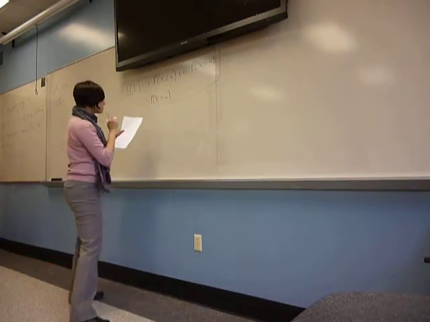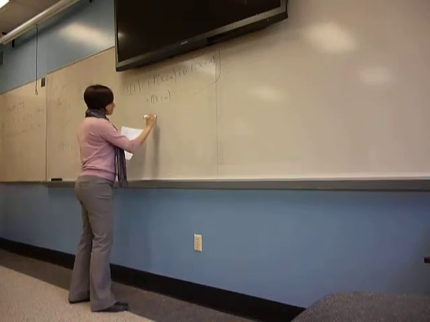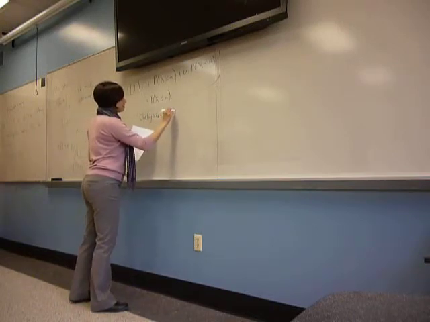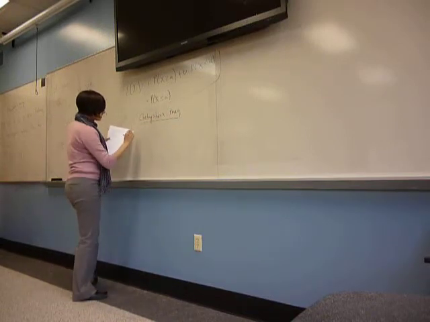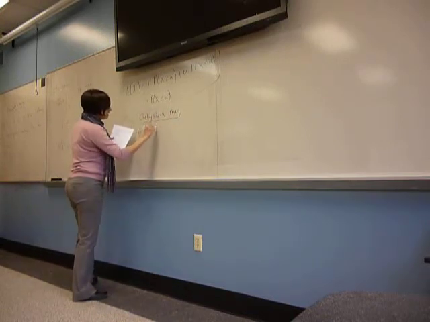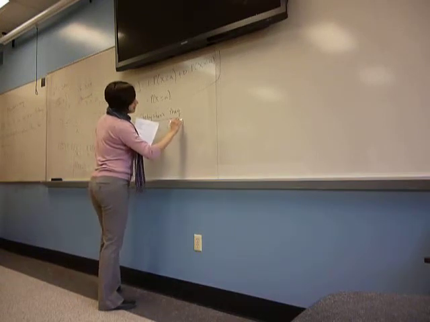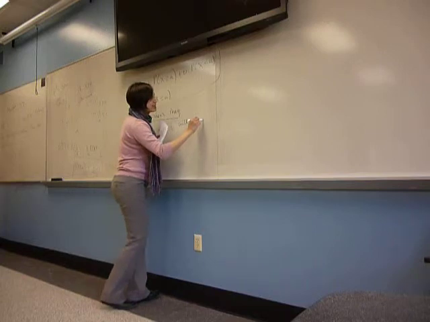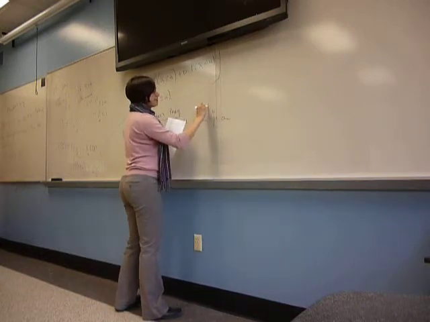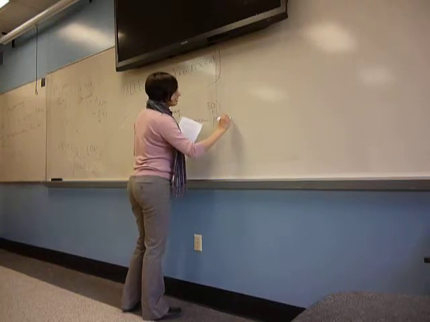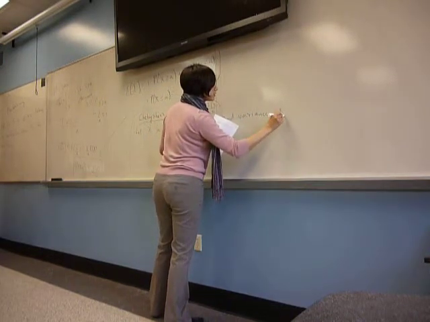Now, the next one is Chebyshev's inequality. And what that says is the following. Let X be a random variable with mean, that is the expected value of X, mu, and variance sigma squared.